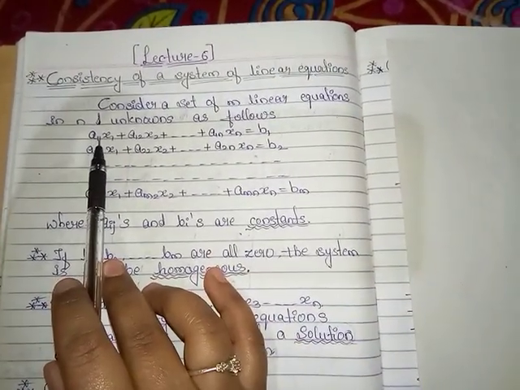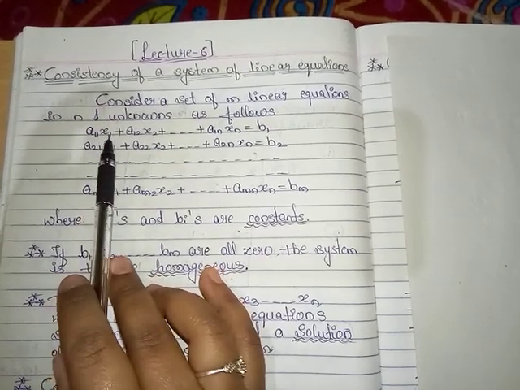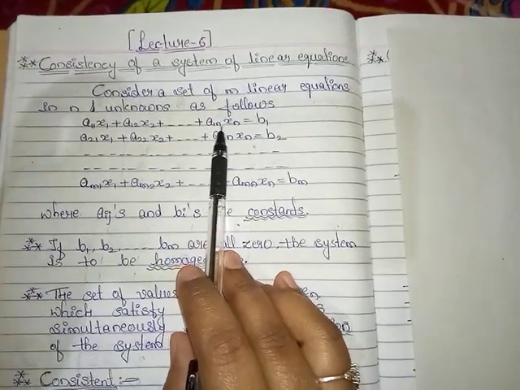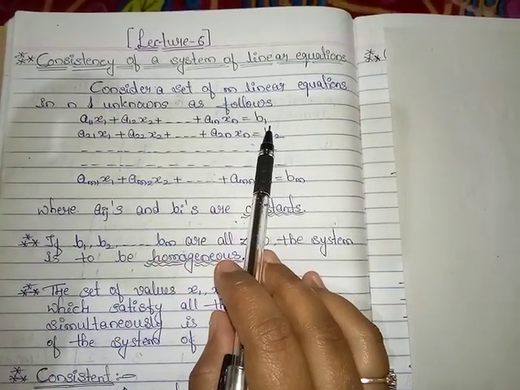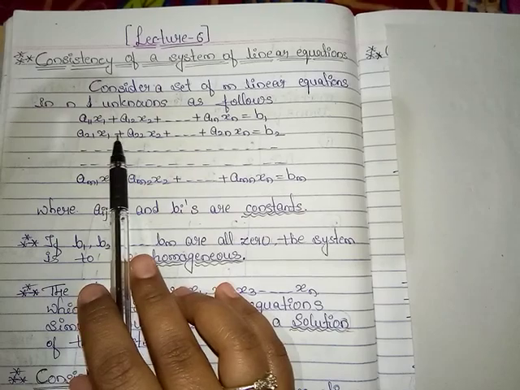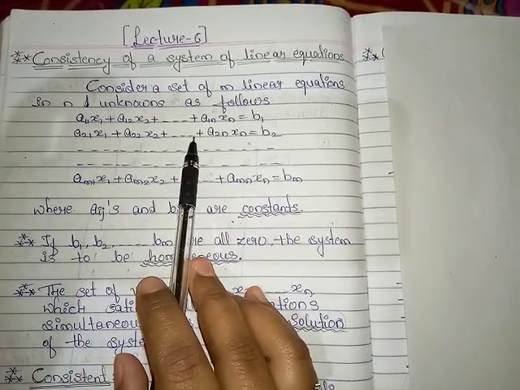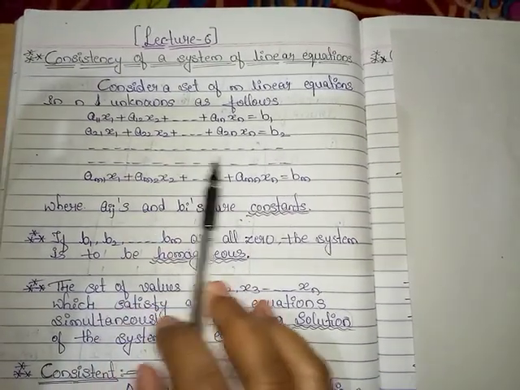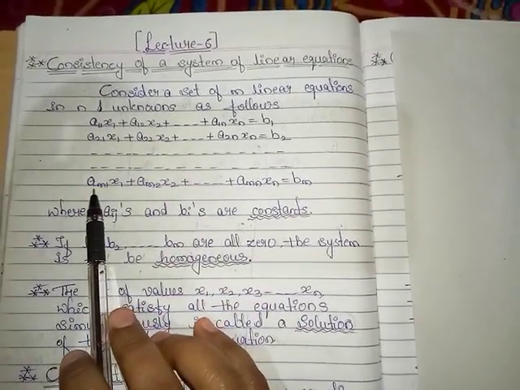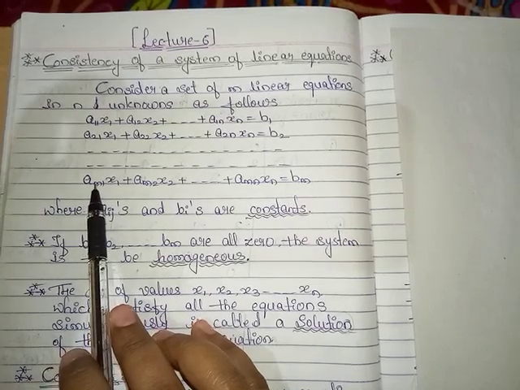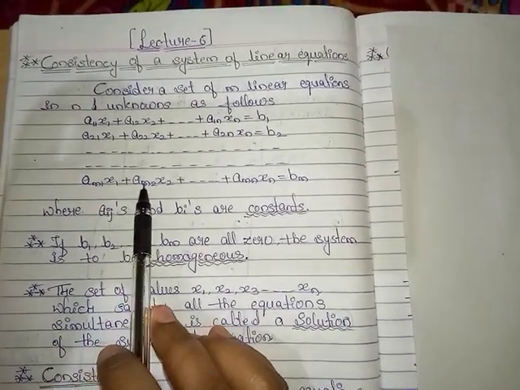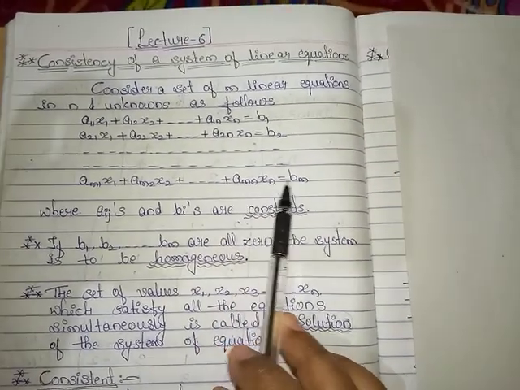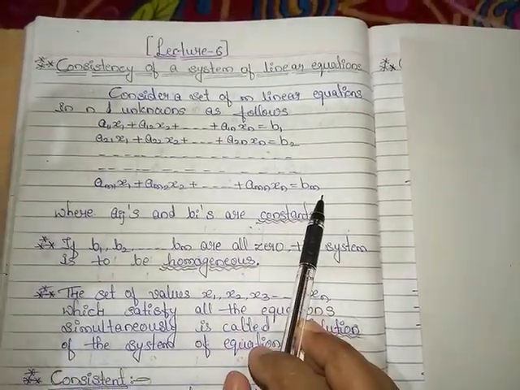a11 x1 plus a12 x2 plus so on to plus a1n xn is equal to b1, and a21 x1 plus a22 x2 plus so on to plus a2n xn is equal to b2, and so on, to the last equation am1 x1 plus am2 x2 plus so on to plus amn xn, which is equal to bm.